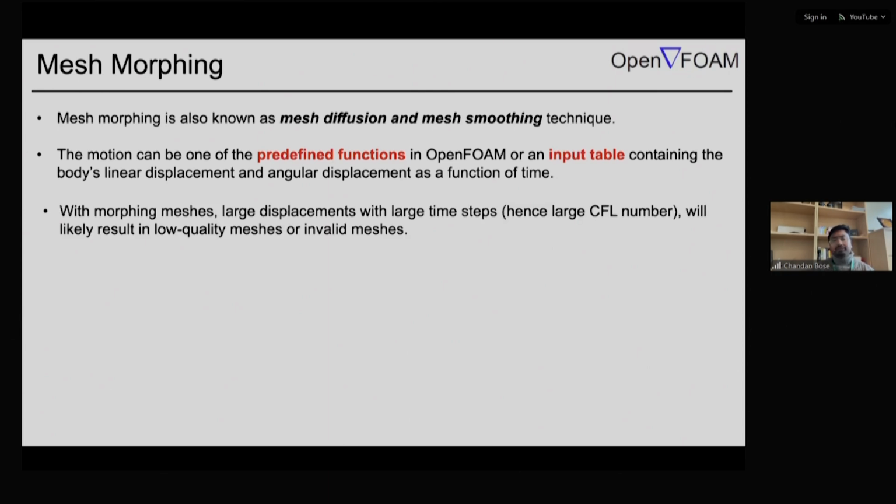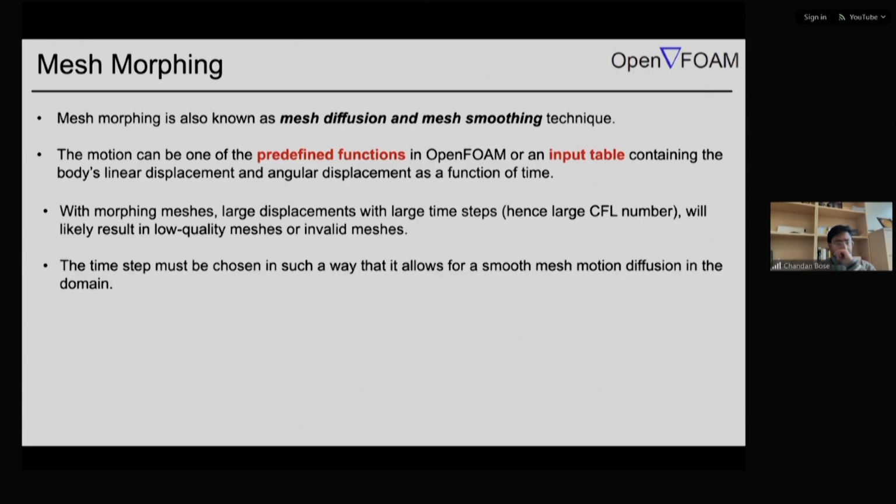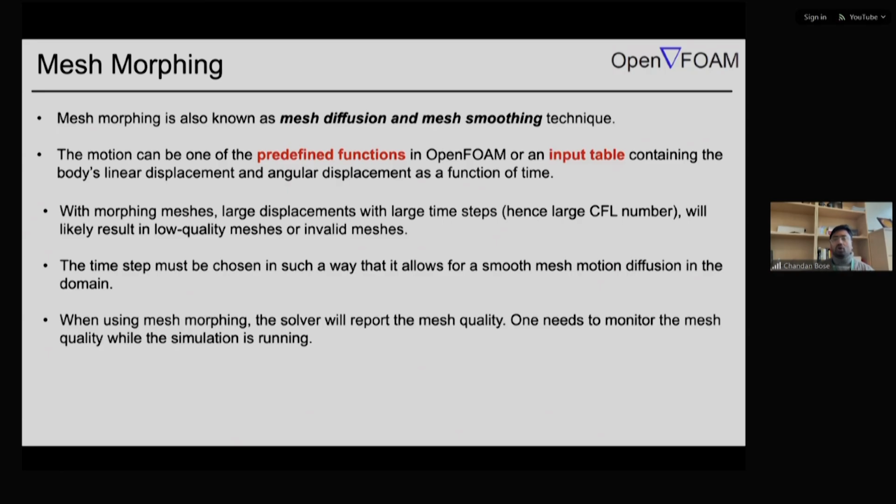And with morphing meshes, large displacement with large time steps will likely result in low quality meshes, as you can imagine, because it will lead to a very large value of CFL number. Now, the time step also must be chosen in such a way that the mesh motion can be incorporated accurately with a converged solution. So not only the mesh, we also have to make sure that our time stepping is appropriate.